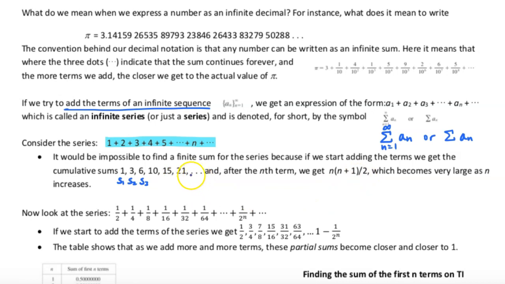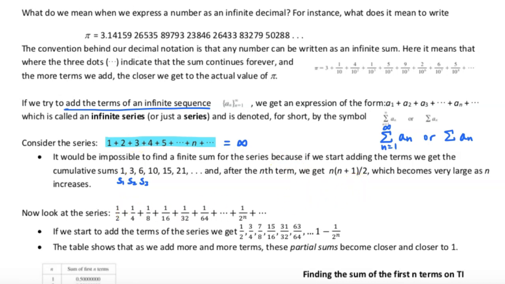Now I can see that as n increases, this list is just going to continue to increase. So this n times n plus 1 over 2 becomes very large as n increases. And so I can say that the sum of all of these values is going to be infinite. It's not going to end.